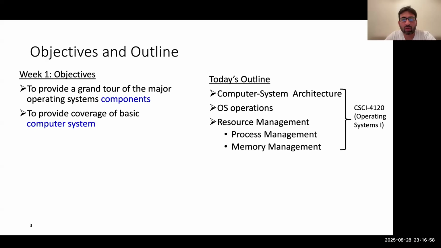We are going to have a look at computer system architecture and some basic OS operations, like what the responsibilities of the OS are. In that list of responsibilities, we will only introduce the topic, not discuss it in depth.